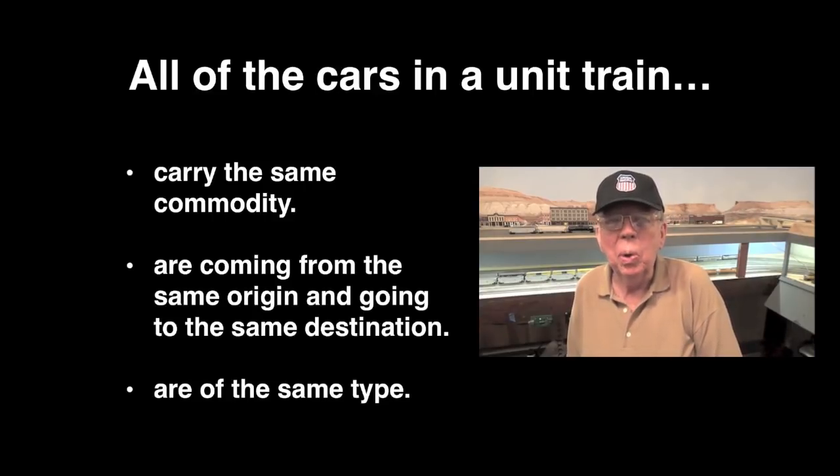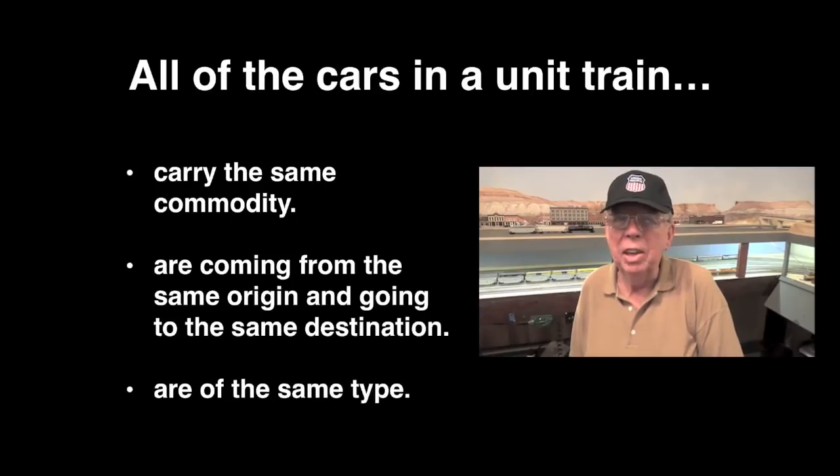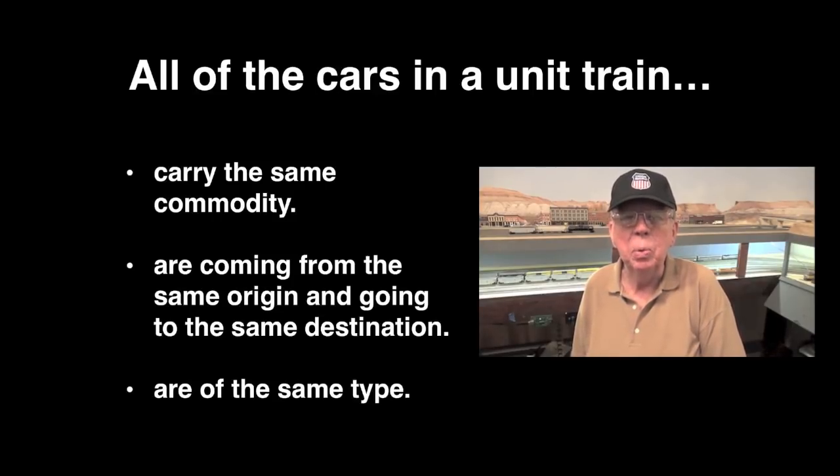To answer this question, we need to begin by asking, what is a unit train? Well, very simply, a unit train is a train in which all of the cars on the train carry the same commodity. All of the cars on the train are going from the same origin to the same destination without being reclassified for other destinations en route.